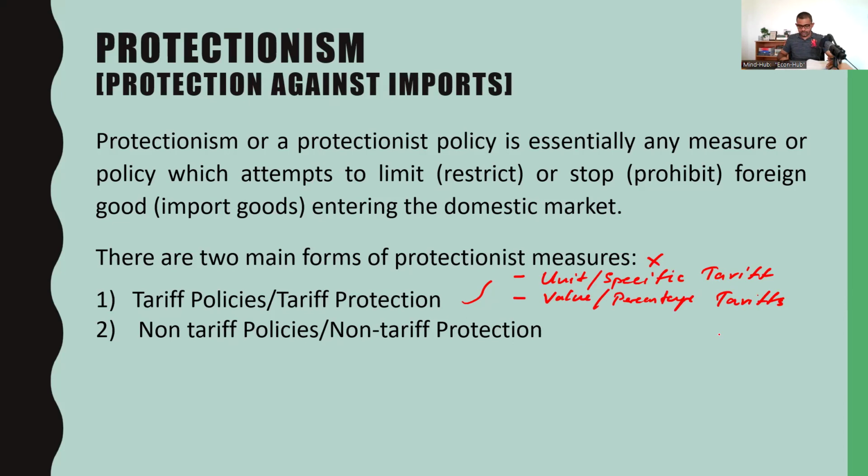Then number 2, please write non-tariff. Then we elaborate that bit further. That's why it says number 2, non-tariff in the printed part. Number 2, non-tariff policies or non-tariff protection. Done. Then I'll go back to the study material a bit, where I have updated this.